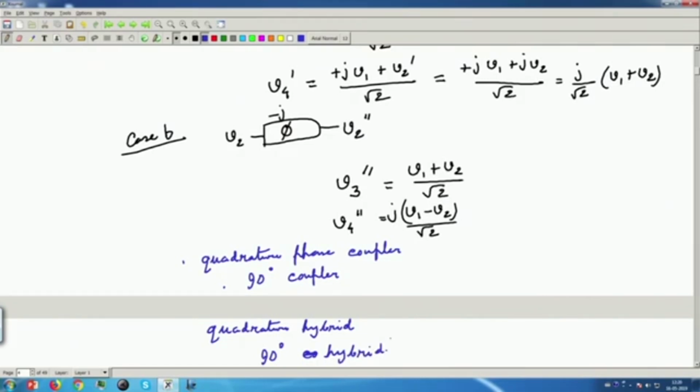Now, the spacing of the holes, as you have seen, is lambda g by 4. So, that lambda g is calculated for a particular frequency. So, it is narrow band. So, how to make it broadband?